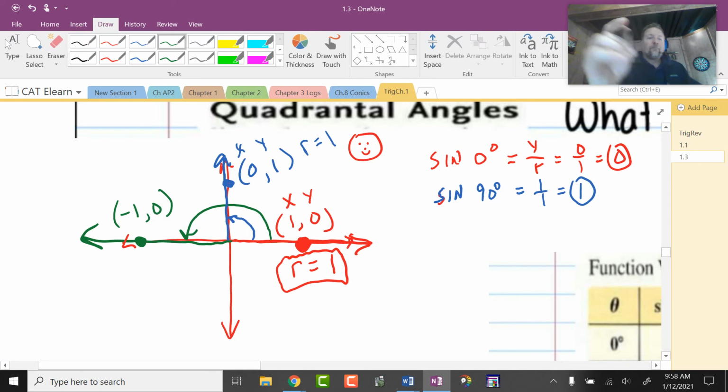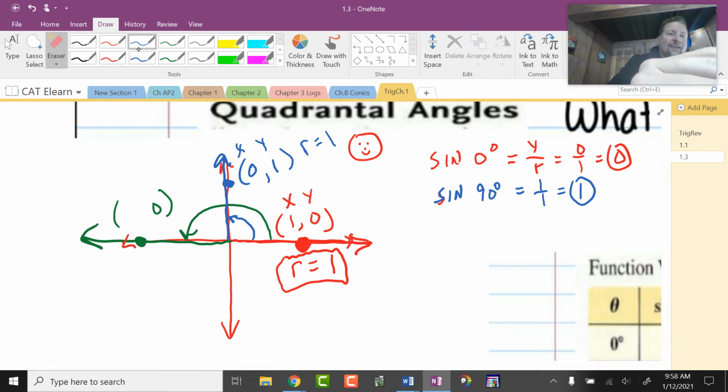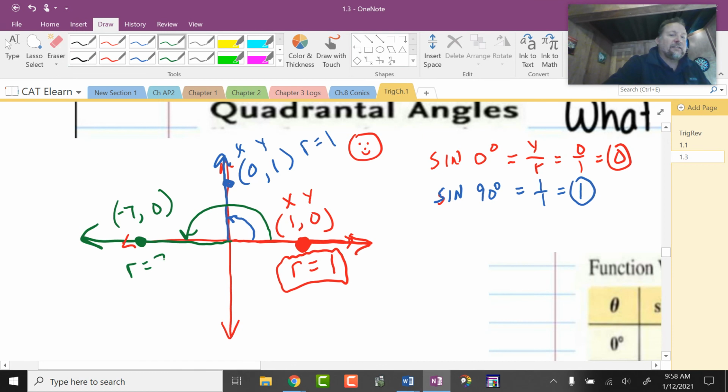And by the way, I do want to cover this. Why 1? Well, you could say negative 7, comma 0. Your R value would just be 7. All right, you're 7 away from the origin. We're just trying to pick easy coordinates that this terminal side passes through. And then pretend I did 0, comma 7.